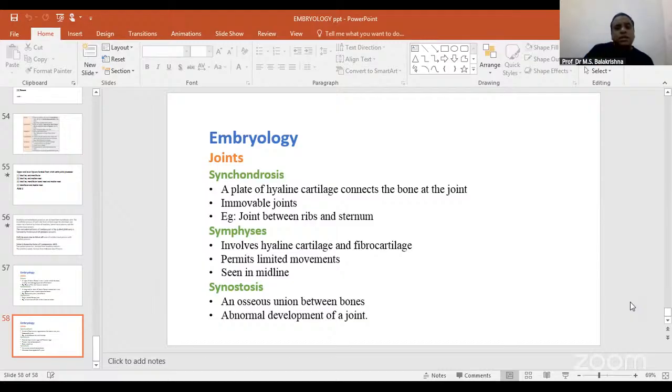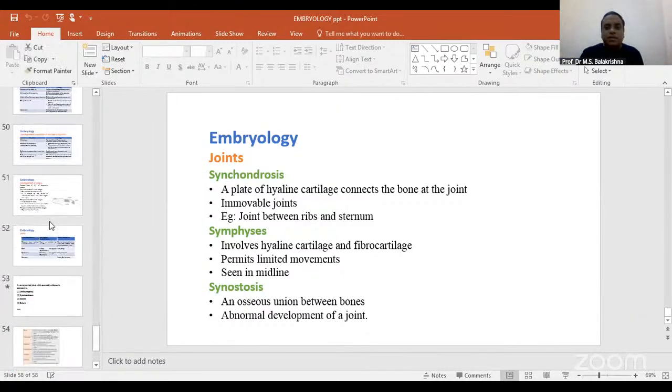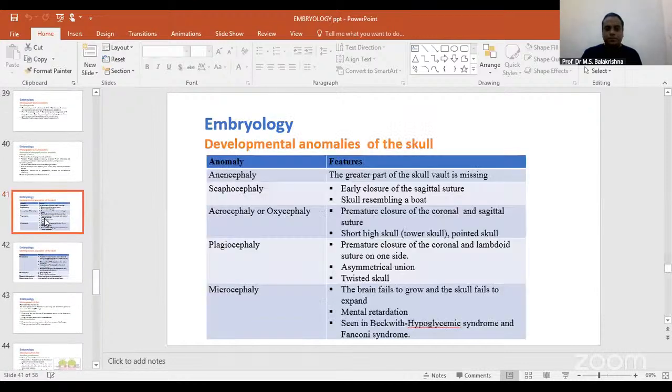So you should know a little bit about the definition and the classification of cleft lip and palate here. That is very important. Then you have the nasal placodes, lens placode, your external ear. This all comes at the later stages of development. Then coming to anomalies of the skull, you have anencephaly: the greater part of the skull vault is missing, a major part of the skull is not there.